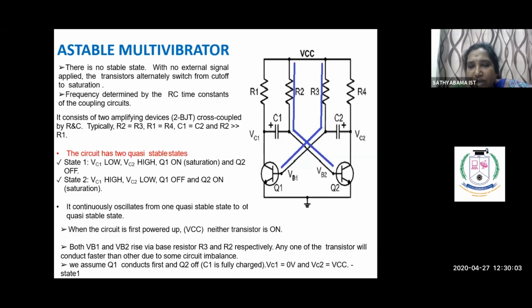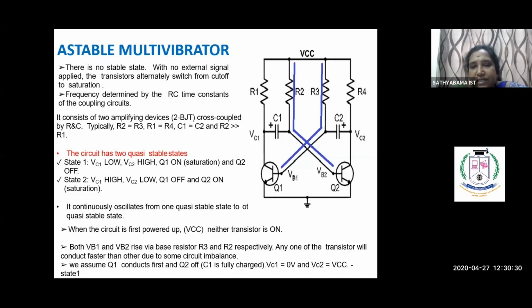Here the blue line shows the flow given for VB1 and VB2. VCC is given through R3 to the VB1 circuit, and on the other side VCC is provided through R2, and it reaches the input of Q2. So this is the first state.